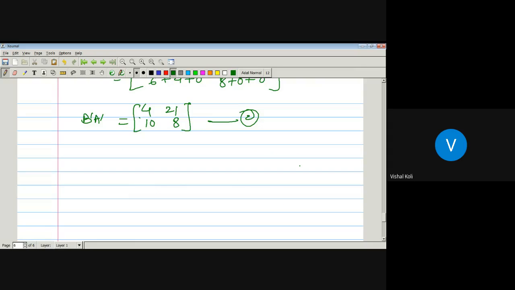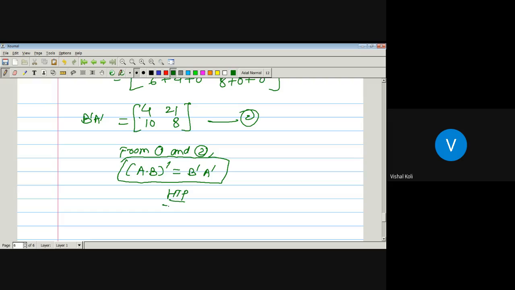Therefore, from 1 and 2, (A B) transpose is equal to B dash into A dash, where dash denotes the transpose of the corresponding matrices. So (A B) transpose is equal to B transpose into A transpose, and hence the proof. Note that (A B) transpose is not equal to A transpose into B transpose, but it is equal to B transpose into A transpose.